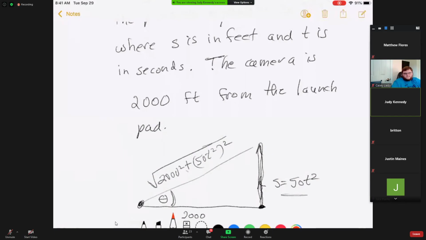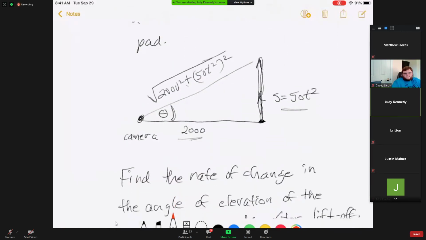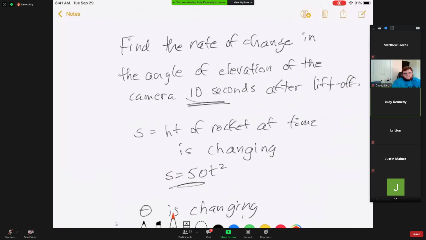And now we've started using the derivative to do some things, and we're going to continue doing that.